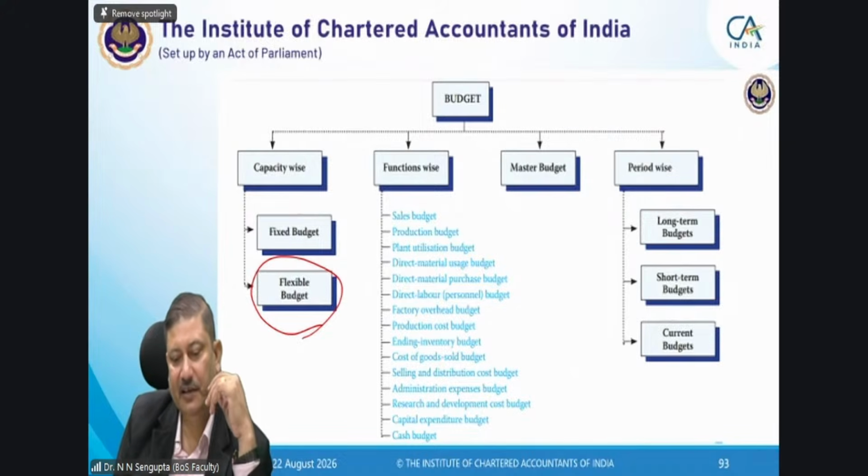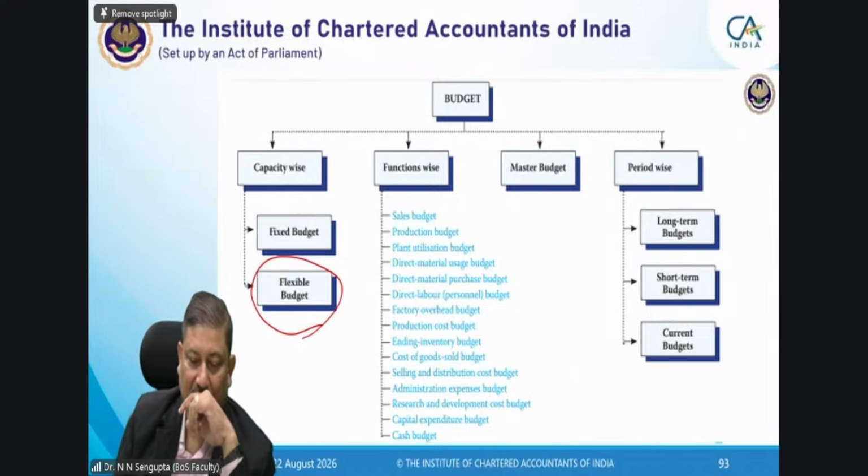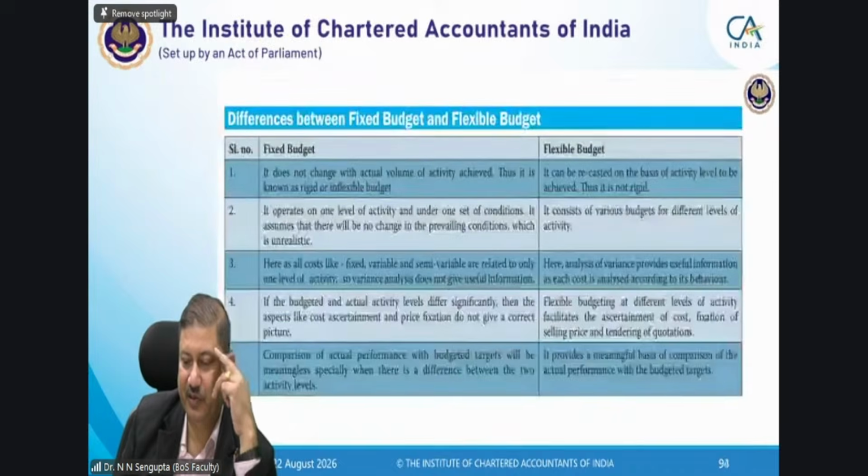Function-wise: sales budget, production budget, plant utilization, direct material purchase and usage, direct labor, factory overhead, production cost, ending inventory budget, cost of goods sold, selling and distribution, administration expenses, R&D, capital expenditure, and cash budget. Period-wise: long-term, short-term, and current budget, and the master budget, which combines everything.